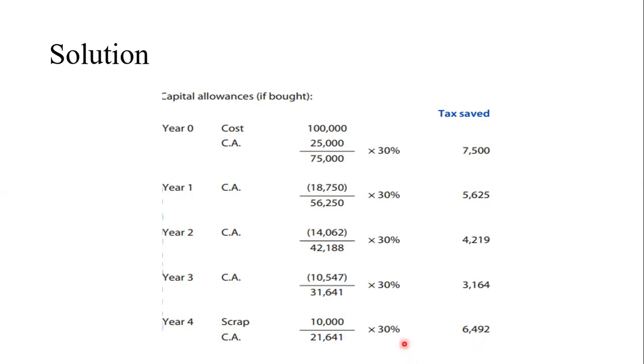So you have your 30% applied on your difference. 31,641 less 10,000 gives you 21,641. Multiply that by 30%, and that gives you your balancing allowance tax saving of 6,492.